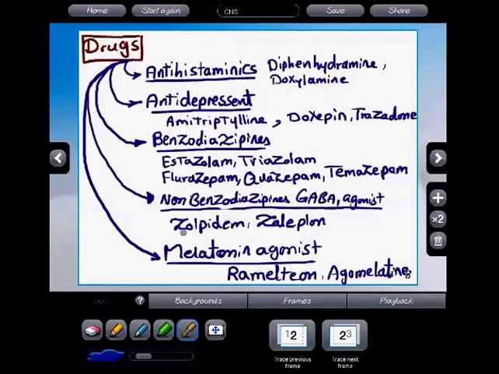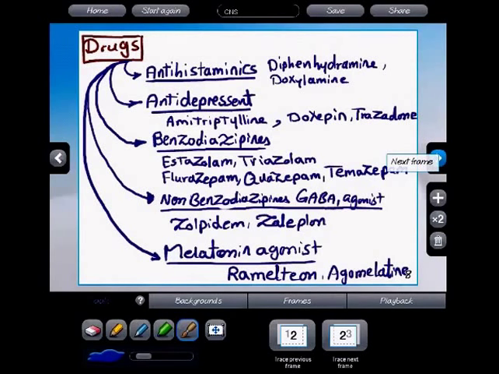And about melatonin agonists, nowadays in the market there are OTC drugs for insomnia. These are some melatonin preparations like ramelteon and agomelatine, which can be used as melatonin agonists to adjust the circadian cycle, the cycle of waking and sleeping during the day, so that you sleep at night and wake up early in the morning.